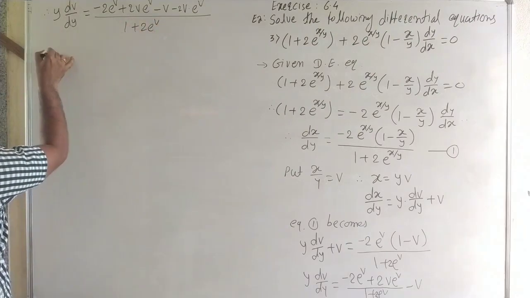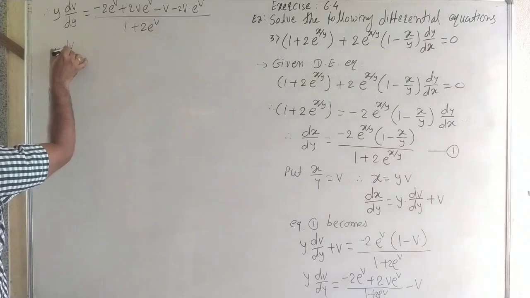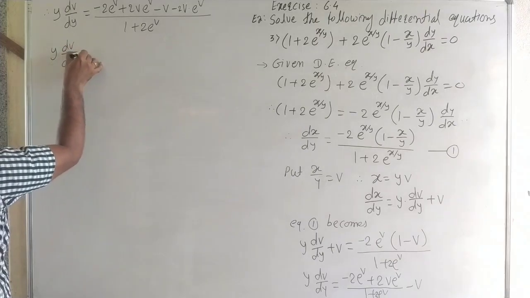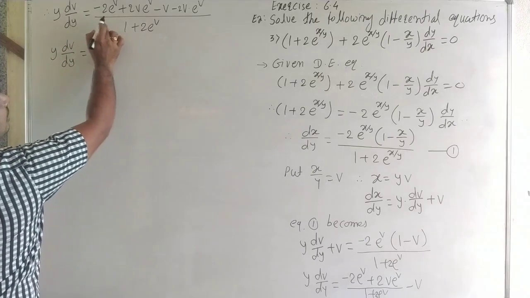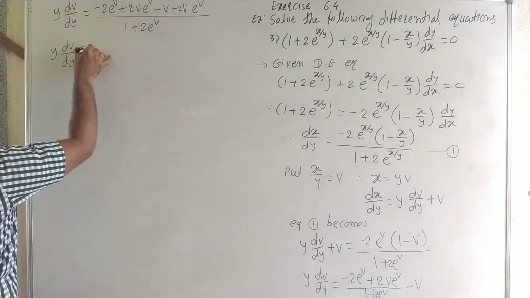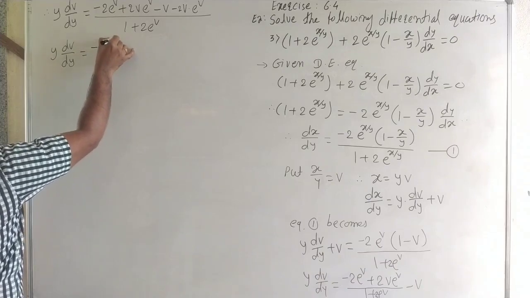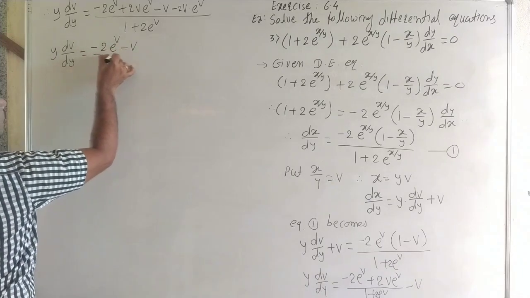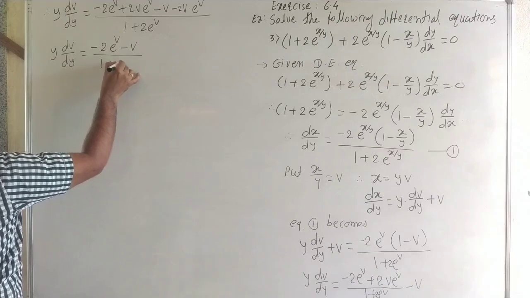Therefore take the calculation, y into dv by dy is equal to, it is plus 2 v e raised to v, minus 2 v e raised to v get cancelled. Here it is minus 2 into e raised to v minus v upon 1 plus 2 into e raised to v.